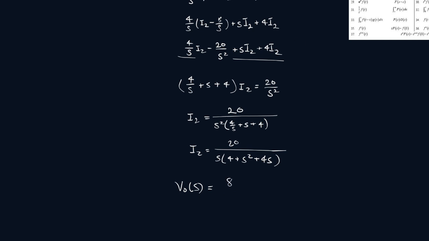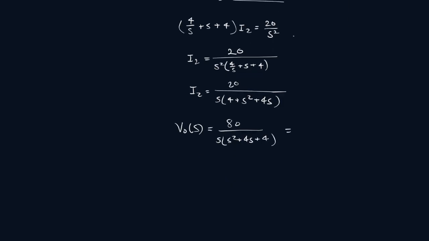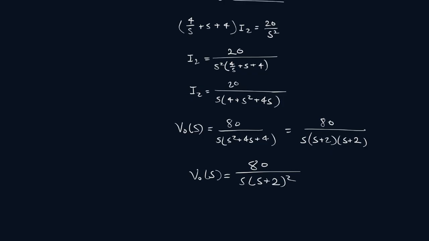Sorry, not 100, I mean 80, over S times S squared plus 4S plus 4. This is factorable. So it'll be S plus 2, S plus 2. So Vo(S) is equal to 80 over S times (S plus 2) squared.